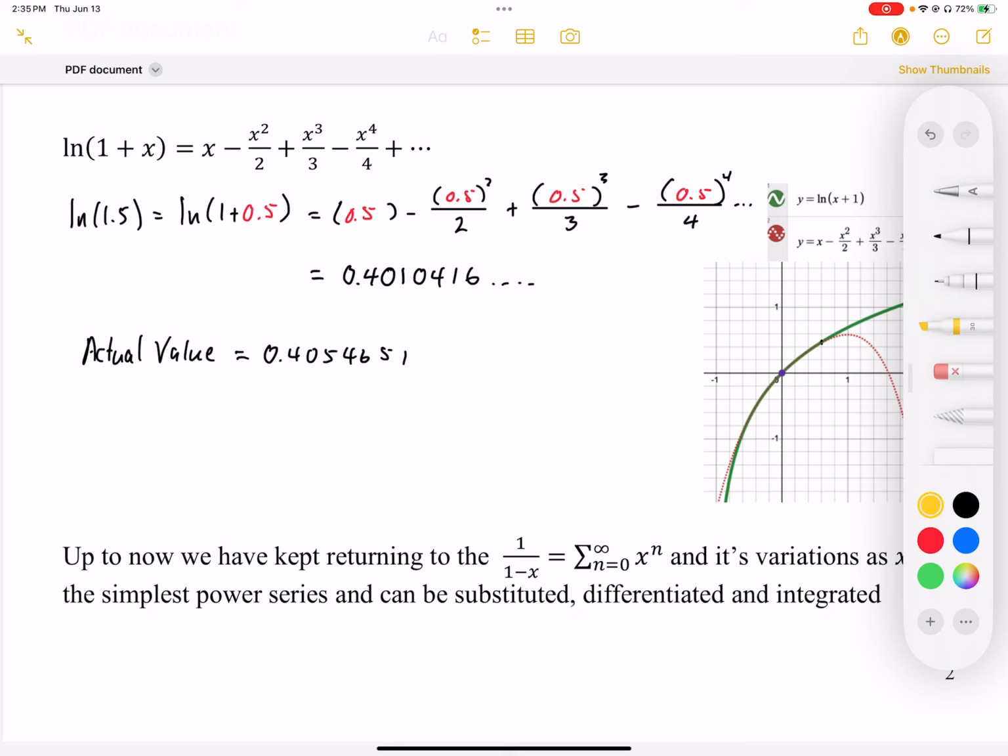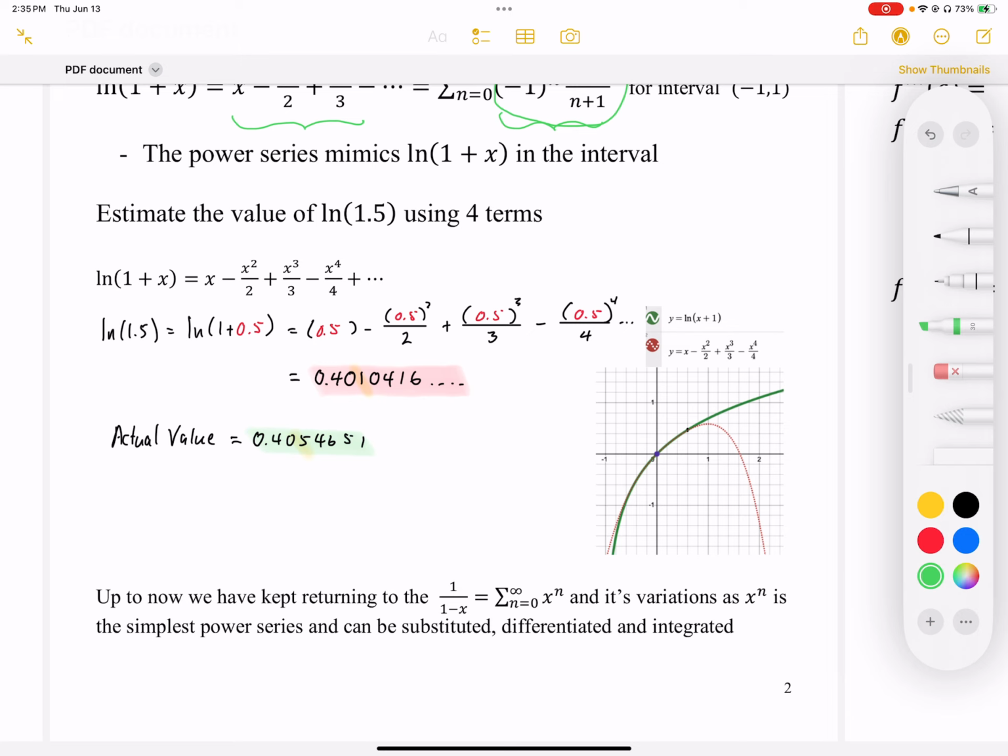And you can see that it does start to diverge in the third decimal place, but it's pretty close. And we can see that the one that we estimated in the red graph is a little bit below the actual graph of log, which is in green. And that makes sense.